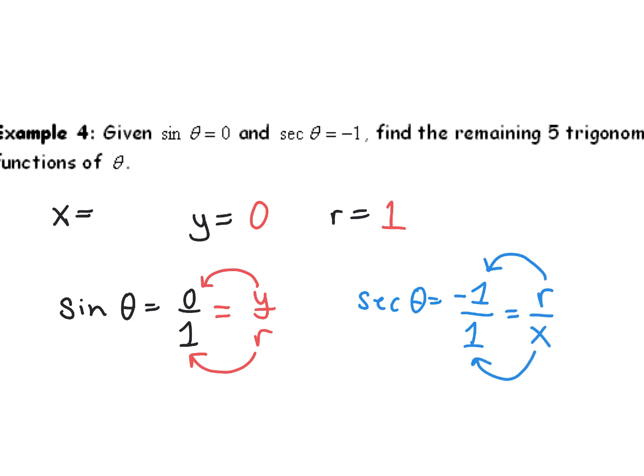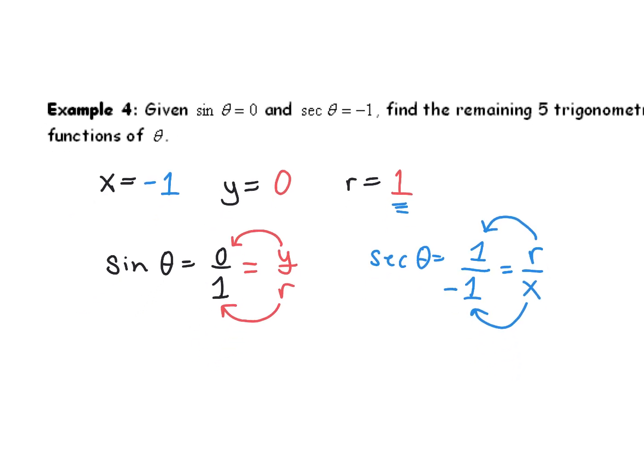We can't go back in time. So we're going to take that negative and move it to the bottom. So my radius is still 1, but now I know my x value is -1. And now we just have to find our 5 remaining trigonometric functions.